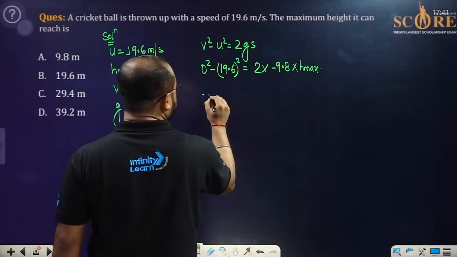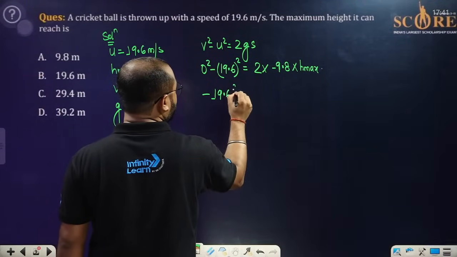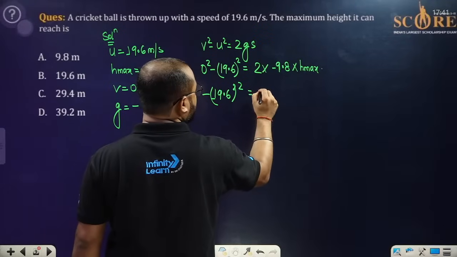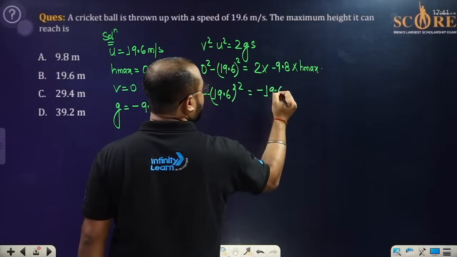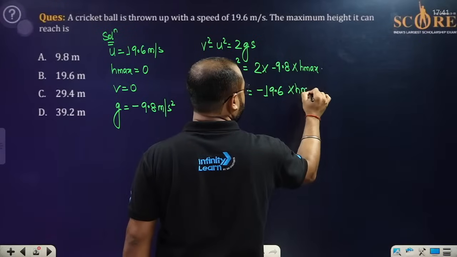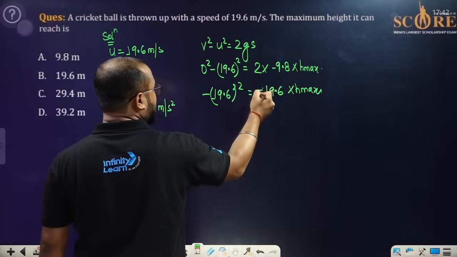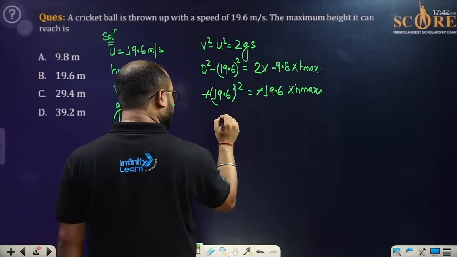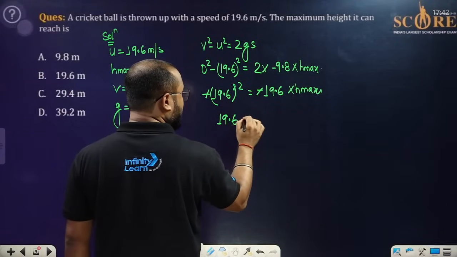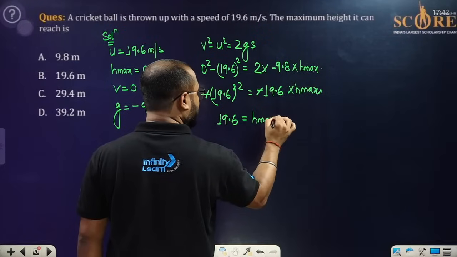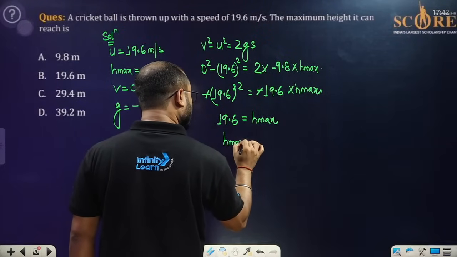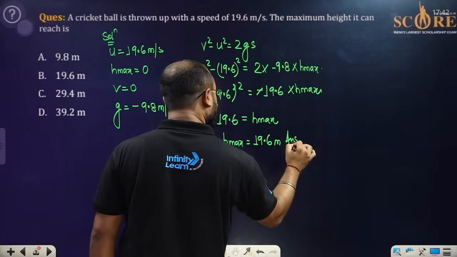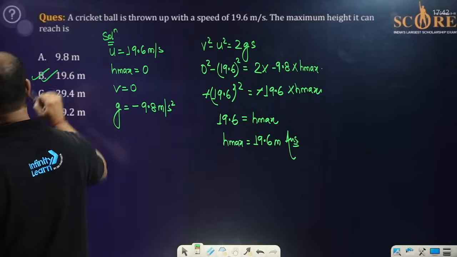So negative 19.6 whole square equals negative 19.6 multiplied by h max. Simple maths, people, this negative and this negative cancel out. 19.6 whole square divided by 19.6, we get 19.6 as h max. So the value of h max will be equal to 19.6 meters. Again, very simple question, option B.